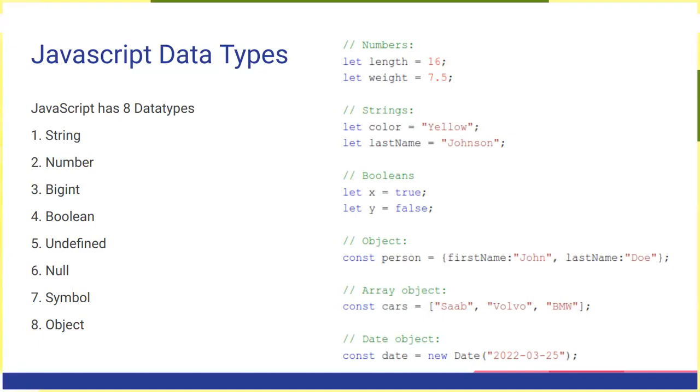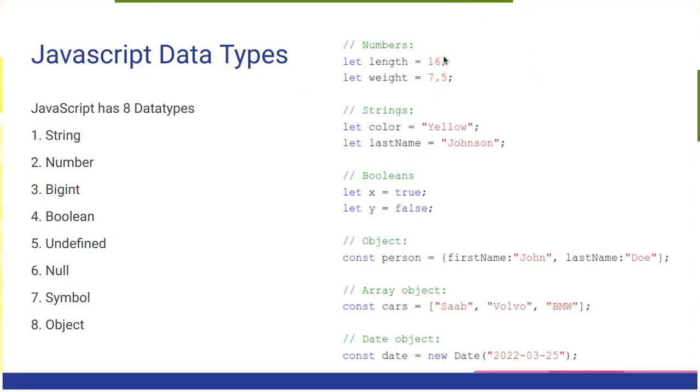On the right side you can find the data types example. The first thing is numbers. let length = 16, let weight = 7.5.